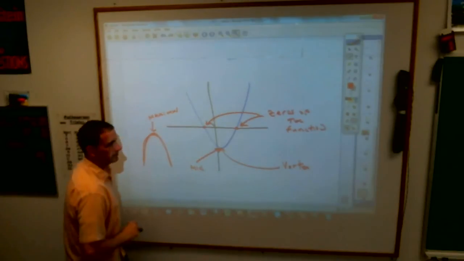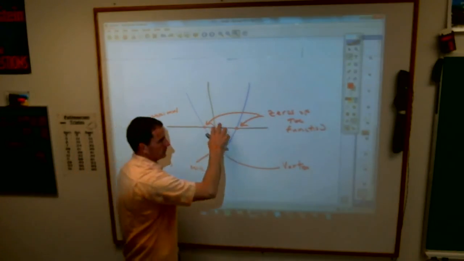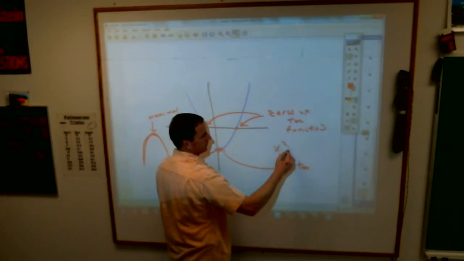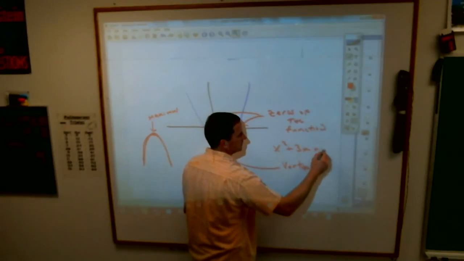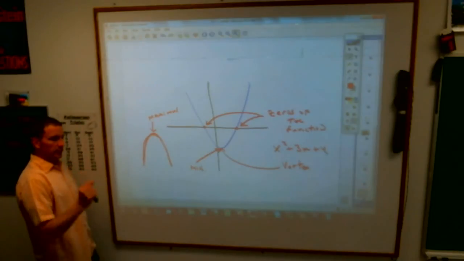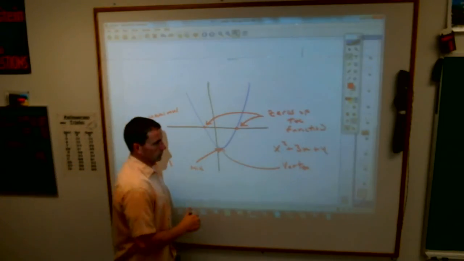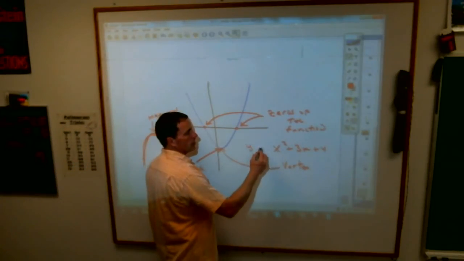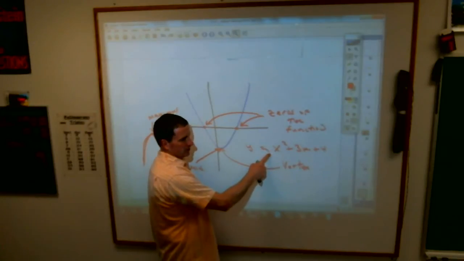By the way, let's say that this was the graph of what I said before, x squared plus 3x plus 4. The place where it crosses the x-axis, children, is where, if you solve this, your answer for x would be.